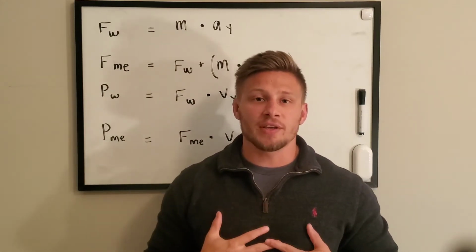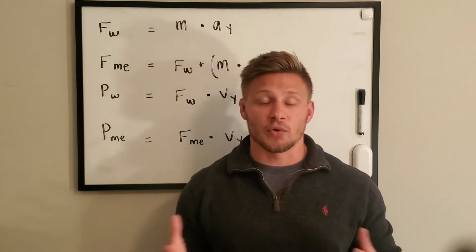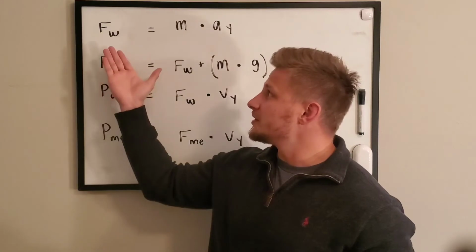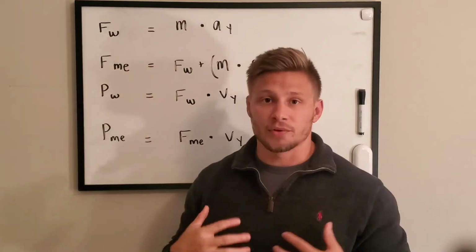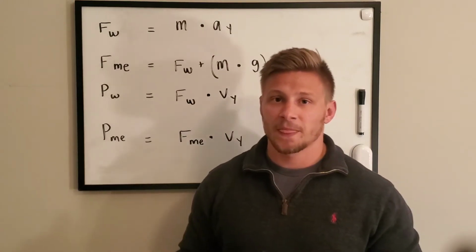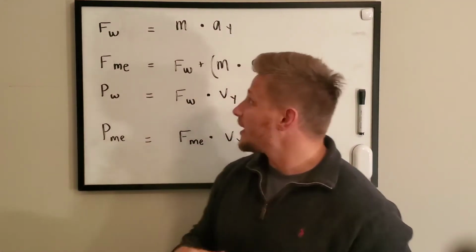So we'll have to plug in our own formulas. For this experiment, we want to see the force acting on the weight, the force of me, the power acting on the weight, and my power. These are the formulas that we're going to plug in so we can see those graphs.